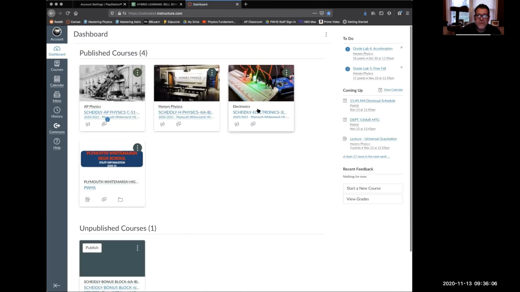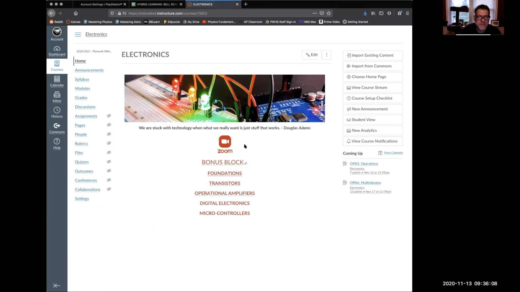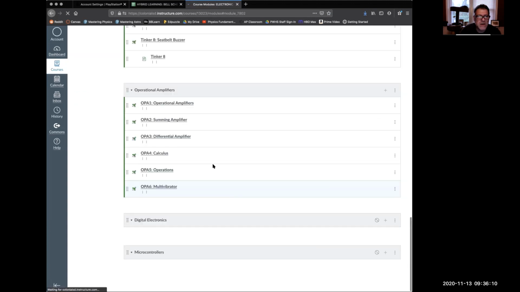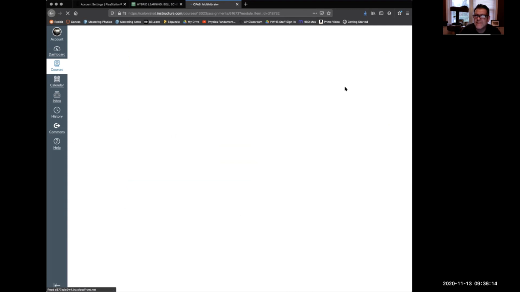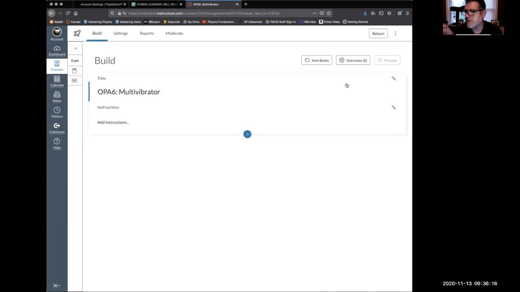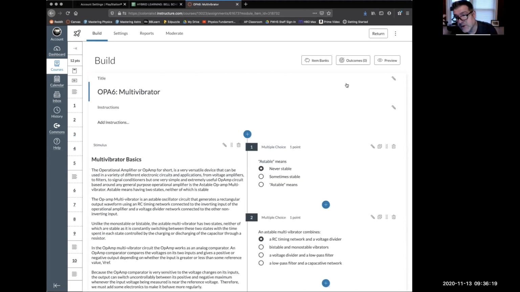Now we go to recent history, operational amplifiers from just a little bit ago. This is OpAmp1 multi-vibrator. This is not the first time we've had a multi-vibrator circuit. We had one in the transistor unit, what you would call a discrete circuit.